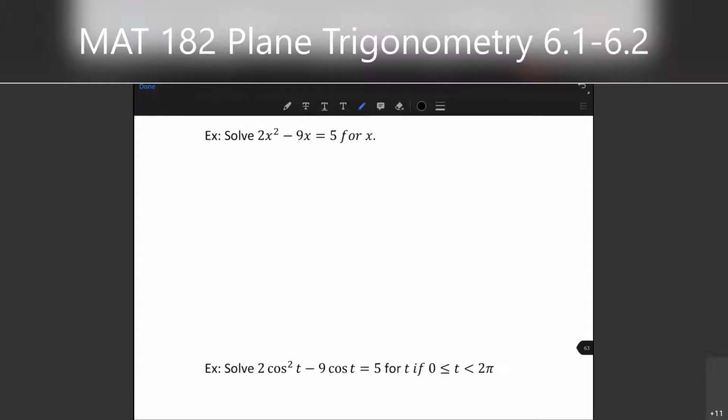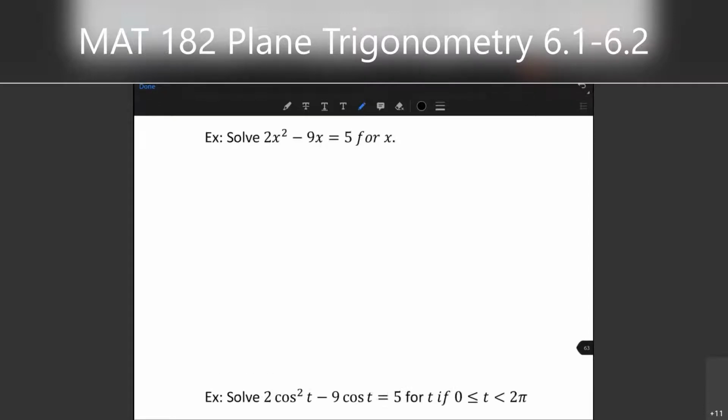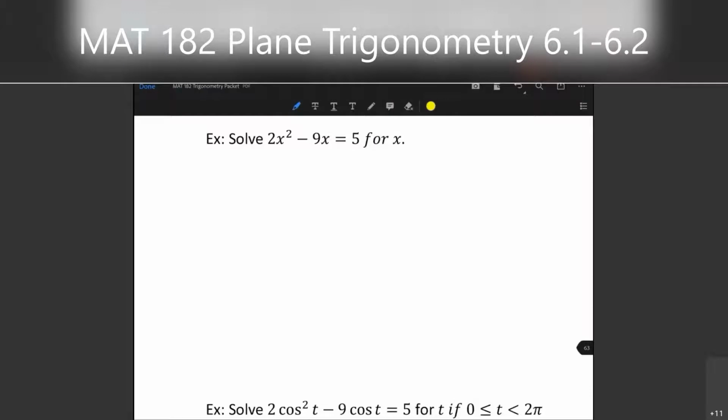Specifically, here we're going to be factoring a trinomial. If I wanted to solve this function for x, I would want to consider setting this quadratic equal to 0, and then see if we can either factor or use the quadratic formula. So we're going back to a little bit of algebra techniques here.